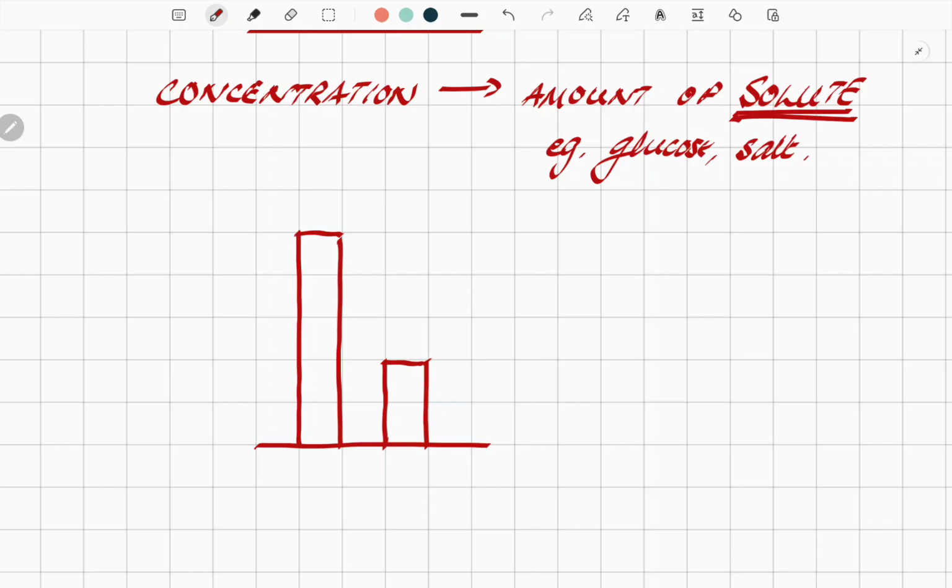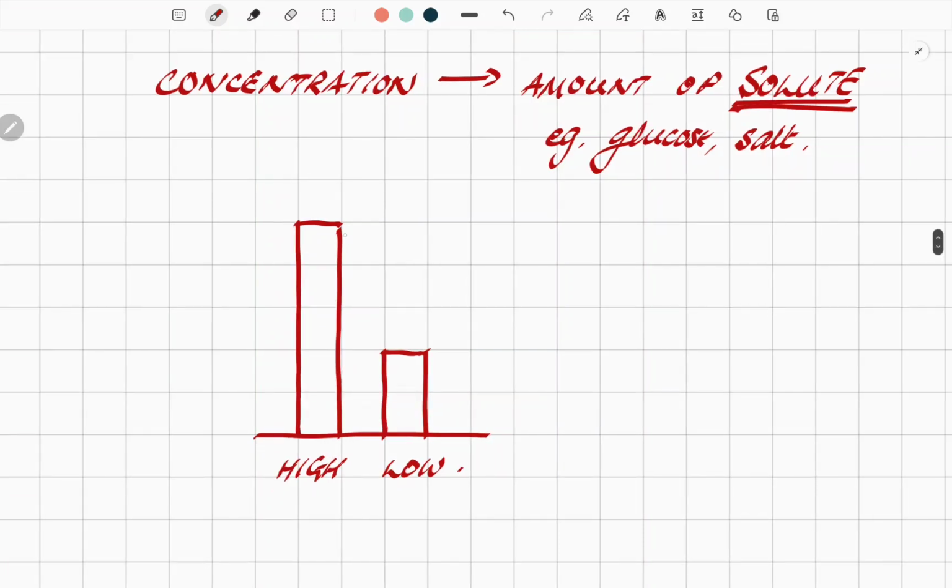High and low. And so the movement of the substance is going to go like this. Do you see? That's what they mean about the concentration gradient.